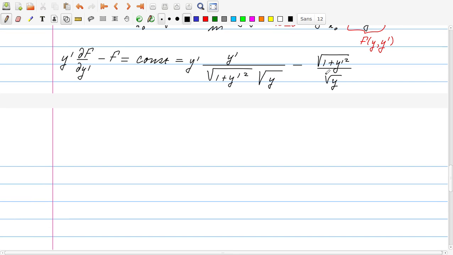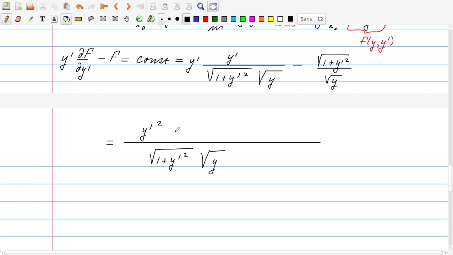And we first are going to streamline the right hand side by giving the first and the second term the same denominator, which is the square root of 1 plus y primed squared times the square root of y. For the first term, we simply get a y primed squared, and for the second term we get a minus.